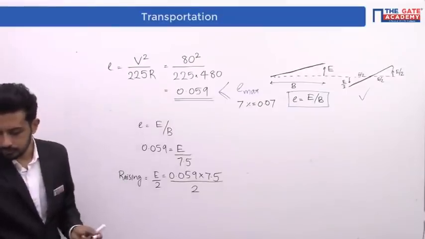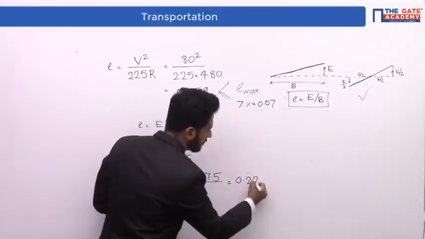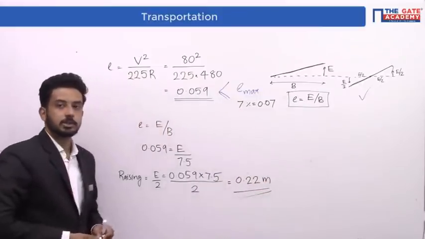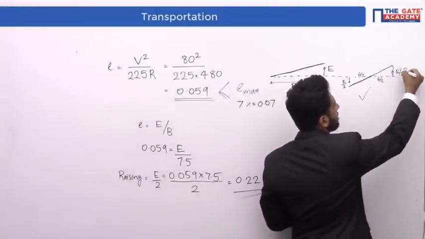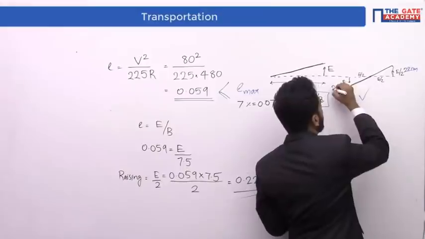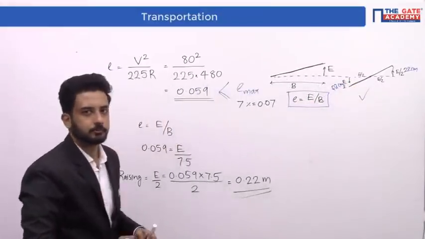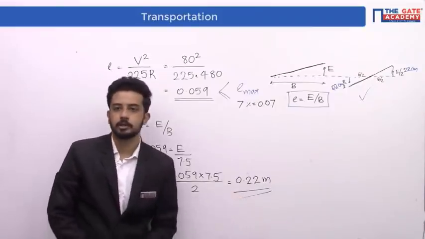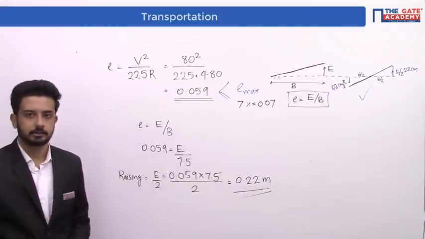So if you are substituting, you will get 0.22 meter. That is 22 centimeter we are raising here, and 22 centimeter we are lowering here. Understood? So what is the final value? 0.22 meter is the final answer.